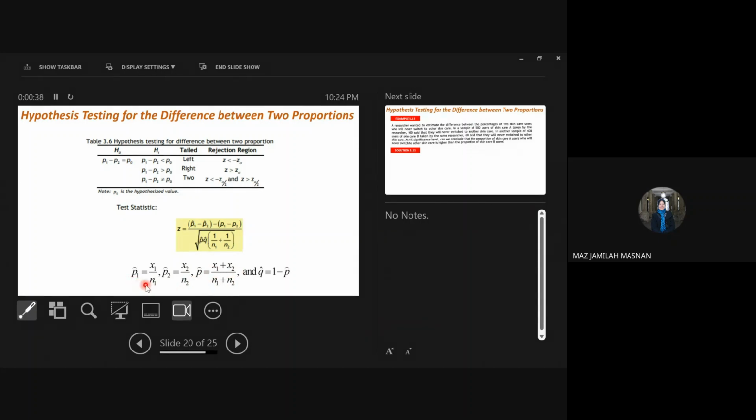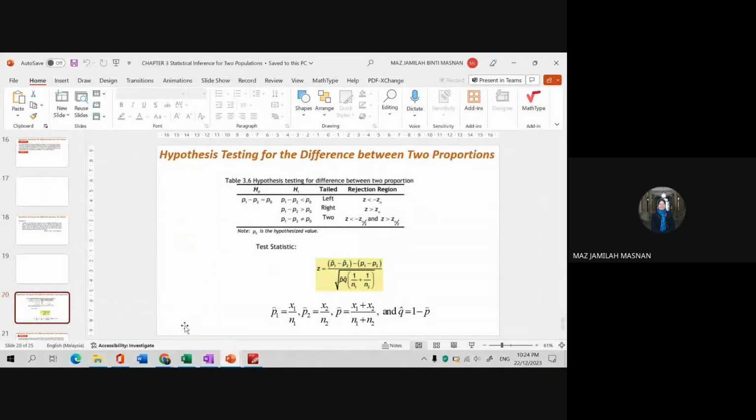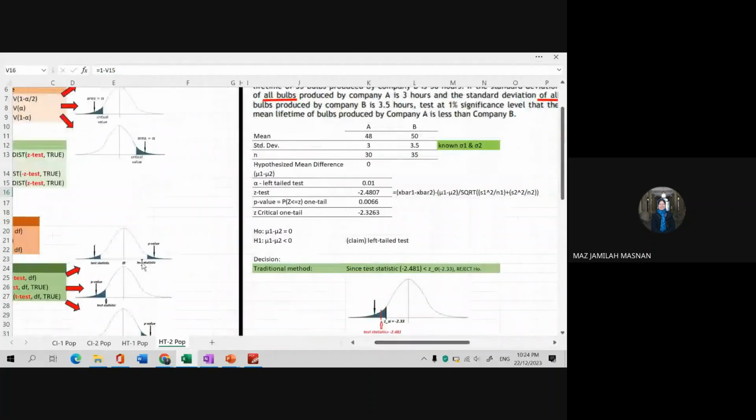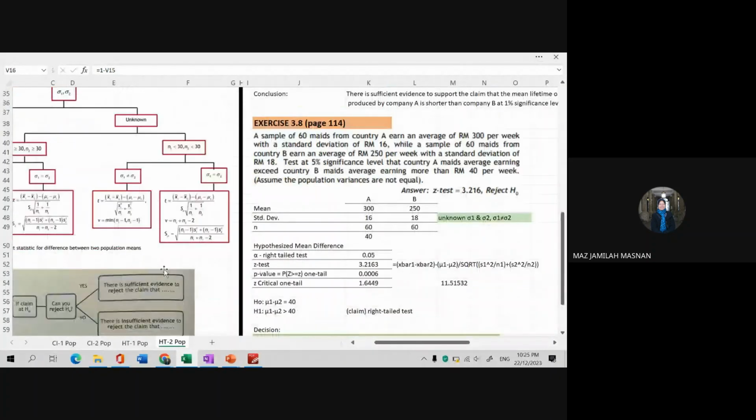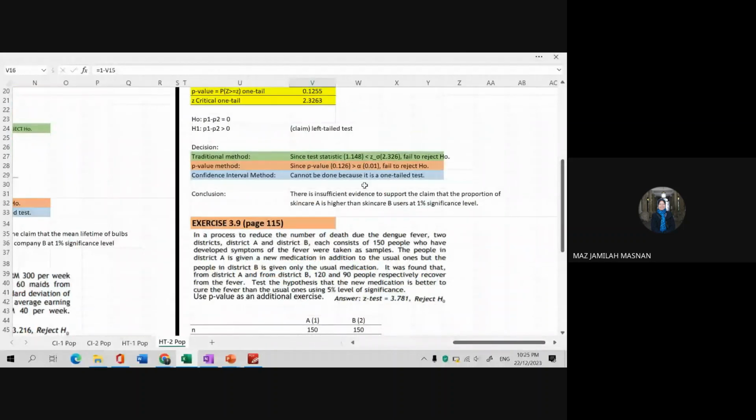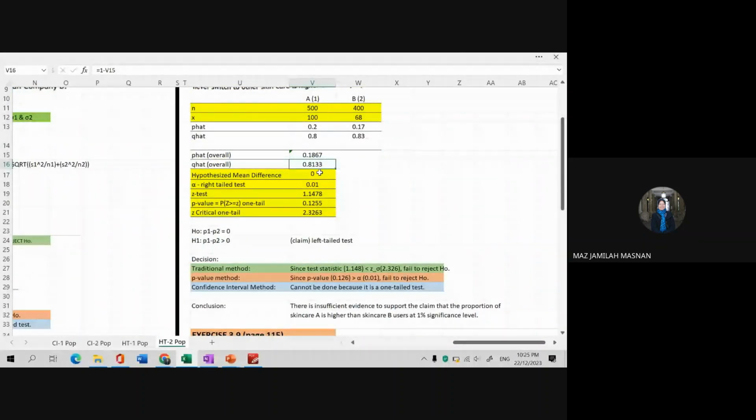So you have three things to find. That's why in the Excel sheet over here, you are finding the p hat for population 1 and population 2, q hat for population 1 and population 2, and the p hat overall, as well as the q hat overall, because they will be used in your calculation. You can refer to your book. You will need that in your calculation.